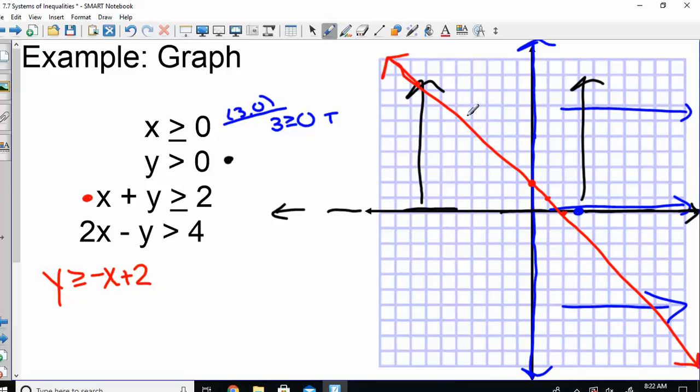You might recognize greater than would be above the line, but if not, you do your test point, you get 0 is greater than or equal to 2, which is false. So 0, 0 doesn't work, so we're shading the other side. So basically we're still in the first quadrant, we just took out that little bitty corner there.